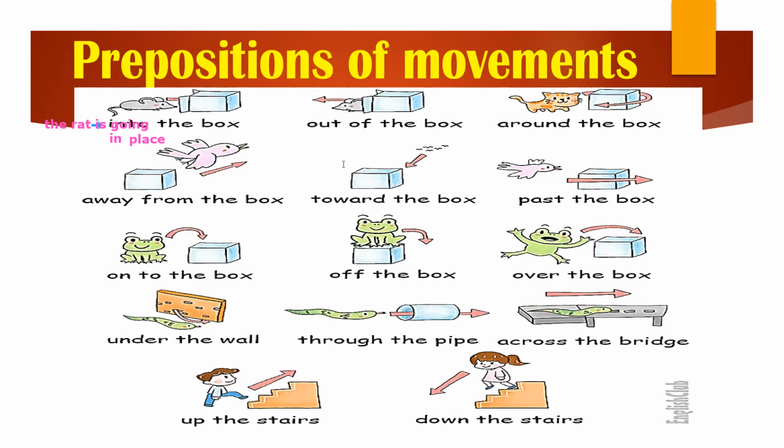Again, I have to use a verb of motion like jumping, moving, walking, or running out of the box. I can say that the rat is outside. This is a preposition of place. The rat is outside the box.